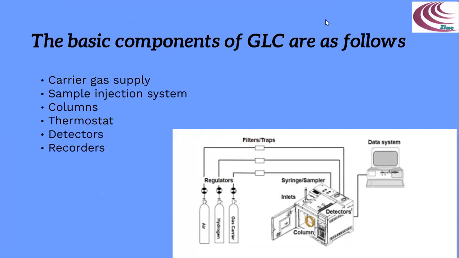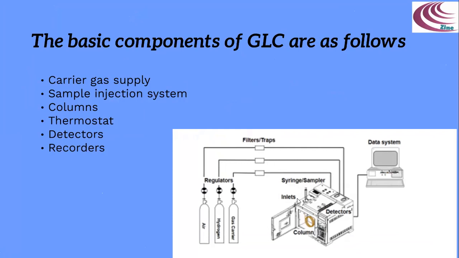Then the basic components of gas liquid chromatography are as follows, such as carrier gas supply. These are the regulators to control the mobile phase. Then the sample injection system, there is a syringe.